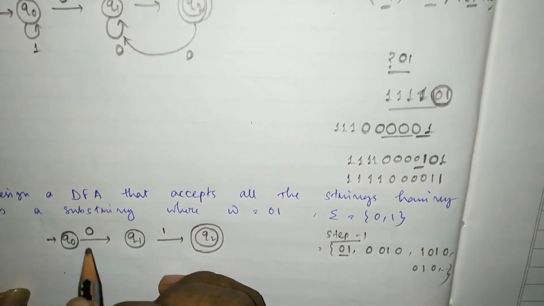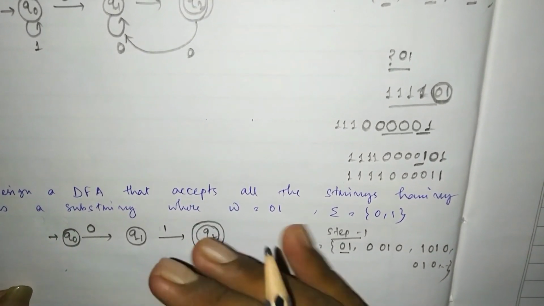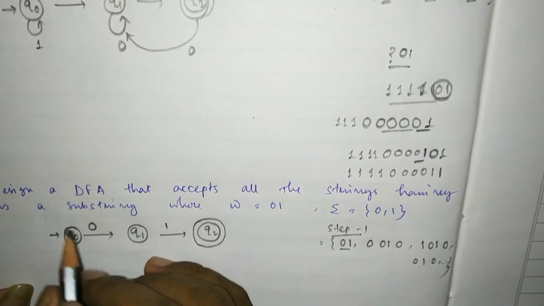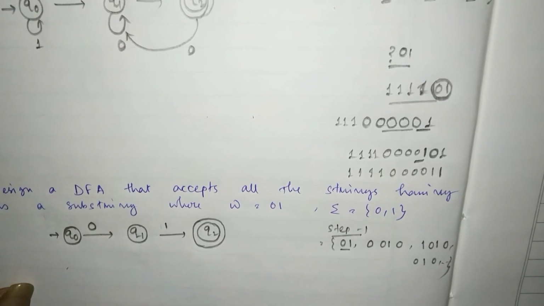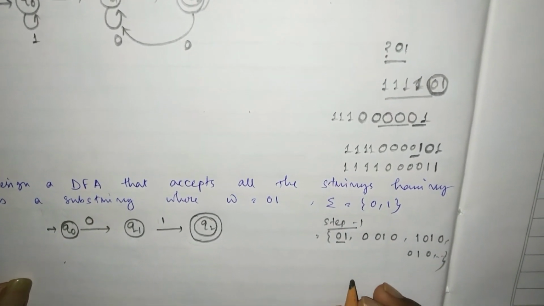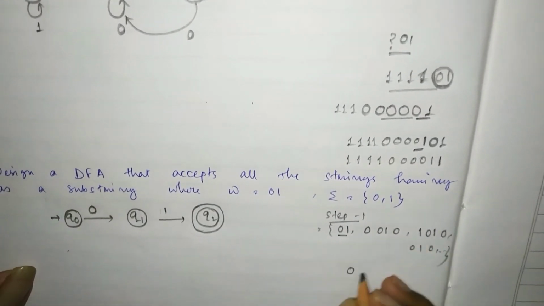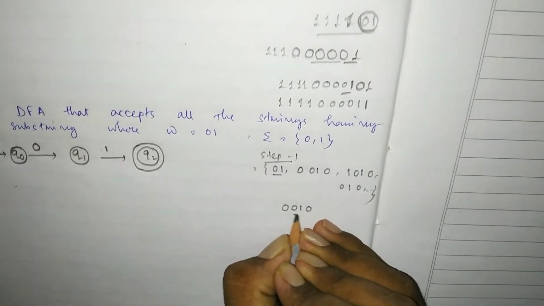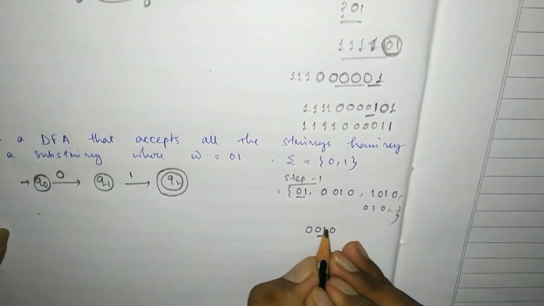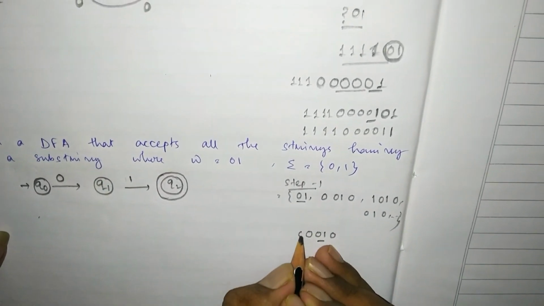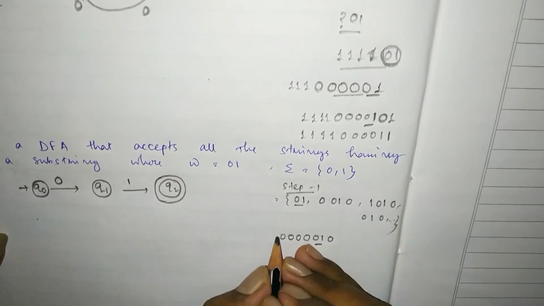So the restriction is much simpler. Let's talk about examples. As I said, take this example, 0 0 1 0. Here 01 is present at an intermediate position. Before encountering 01, we can have multiple zeros or multiple ones.